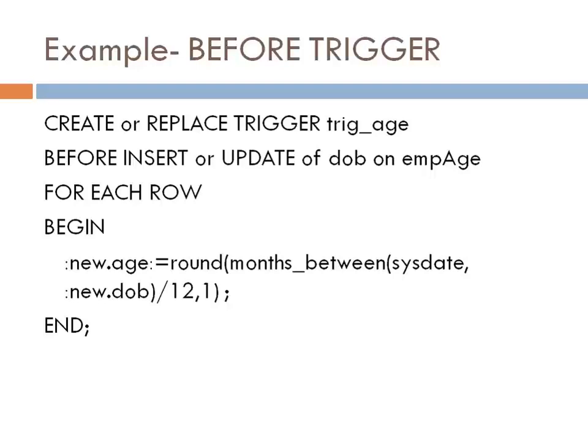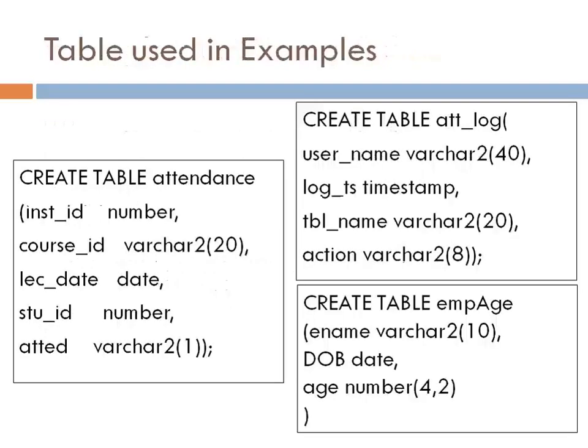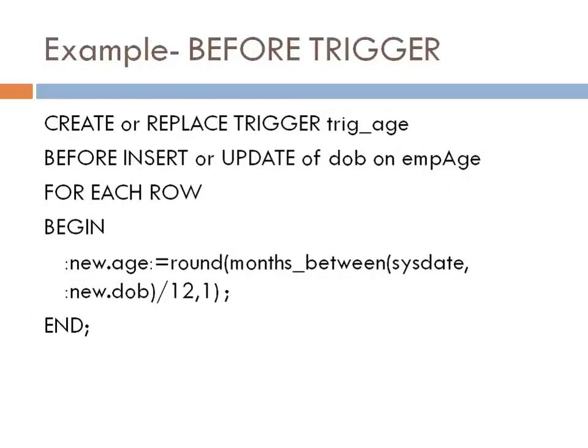What I am doing here is calculating the age of the person. As you remember, in imp age we had just 3 columns, e-name, date of birth and age. Here the age is calculated because I am inserting only the name and date of birth. Using the date of birth I will be calculating the age.